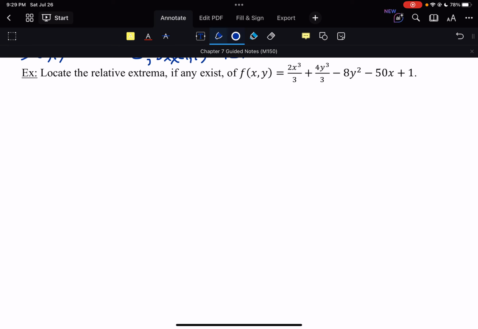So we're going to take fx and fy. So fx, bring down the 3, but it cancels. So we get 2x squared minus 50. And then fy gives us 4y squared minus 16y.